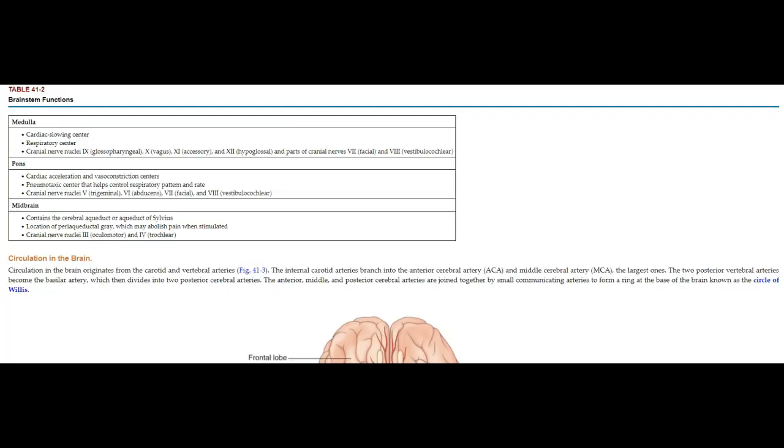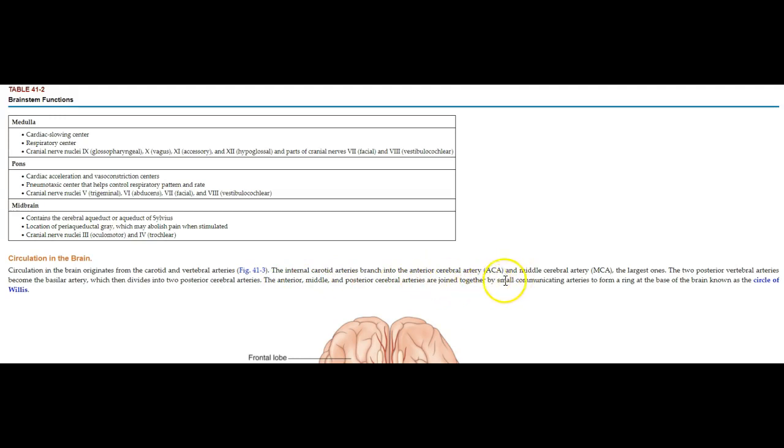As we move on, table 41-2 talks about the brain stem function. You can read this on your own, but I want to point out down here. It says the circulation in the brain originates from the carotid and vertebral arteries. Now we're going to speak further about different occlusions that can happen in the brain, but I want you to get familiar with the internal carotid arteries branching into the anterior cerebral arteries.